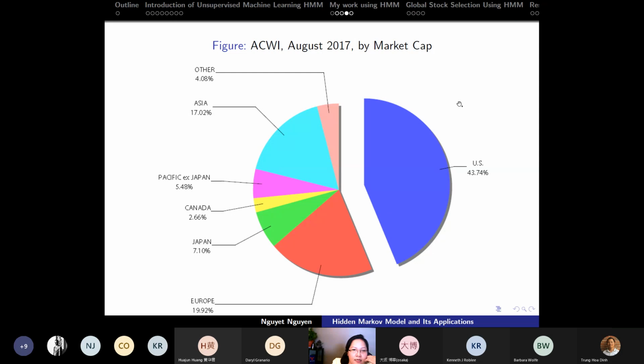And there are some markets capped by the All World Index right here too. So you see in these categories, the US is 43.74% also. So that is very large in the US markets.